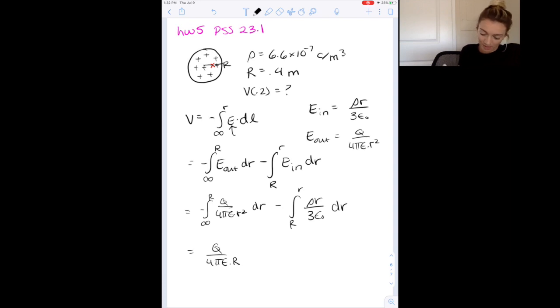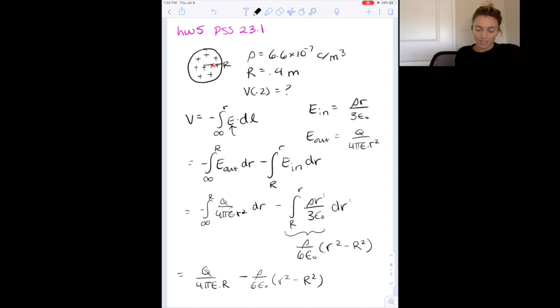So that looks good so far, because outside the sphere, we would expect it to look like that of a point charge. And then this second term, when we integrate, we're going to have rho over 3 epsilon naught, and then a 1/2 r squared from capital R to r. I'll prime this to distinguish the r's. So we're going to have rho over 6 epsilon naught times r squared minus capital R squared. Okay, and then that's going to be your potential.